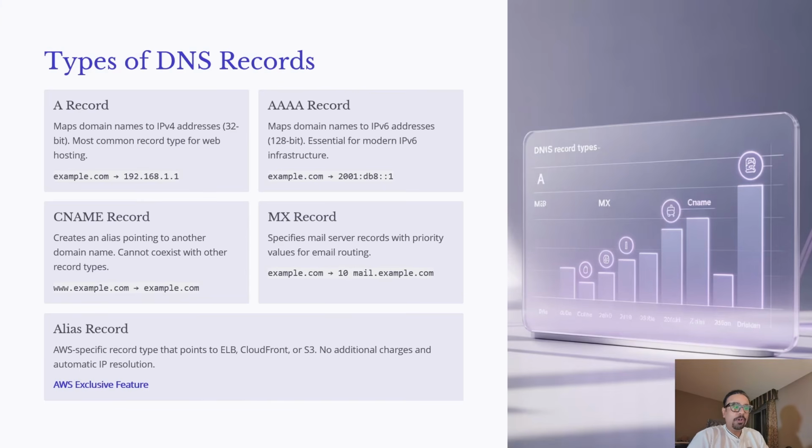Next is the AAAA record, which does the same but for IPv6 addresses. The first one that we saw over here is for IPv4, and the second one is for IPv6, and it does the same thing that the A record does. Then we have the CNAME record, which allows you to create an alias pointing to another domain name. For instance, suppose we have Amazon.com, so we can use www.amazon.com, which can point to Amazon.com.